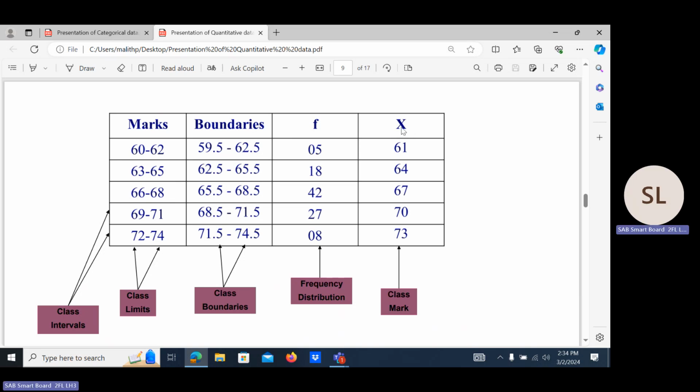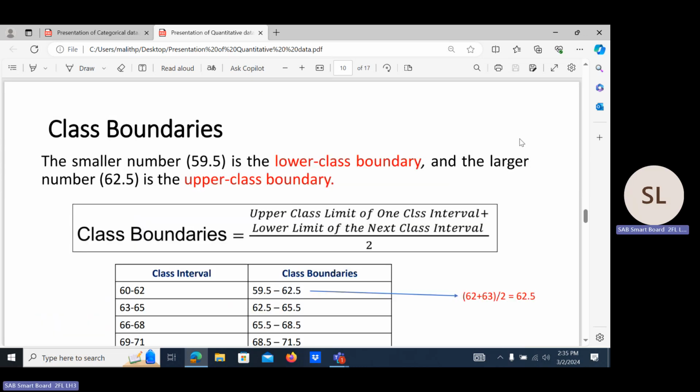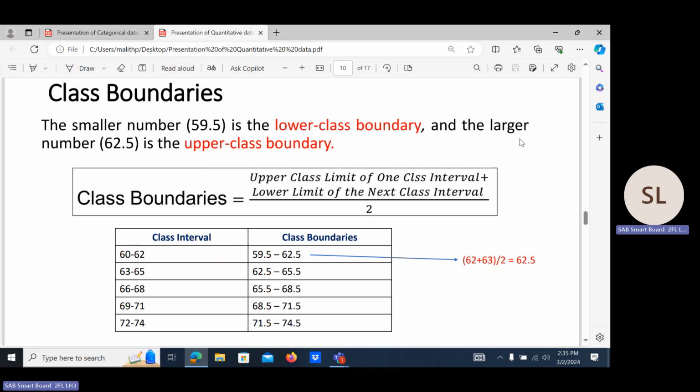Then we want to calculate the class mark. Why? There is a range, so we identify a single value to represent these class intervals. The first class interval is 60 to 62, and it is represented by 61. Then we identify how to calculate the class boundaries.